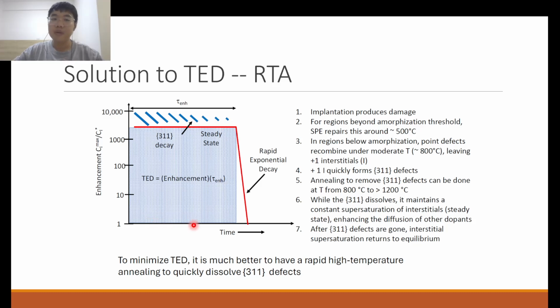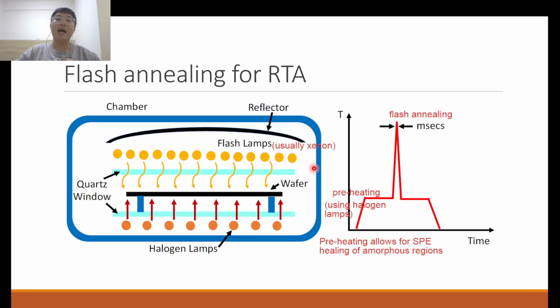So how do we do rapid thermal annealing? We normally use a setup that consists of flash lamps, usually some form of xenon lamp or some form of halogen lamp. These lamps are able to heat up to very high temperatures at very short durations. This will heat up the wafer, your halogen lamps and your flash lamps.